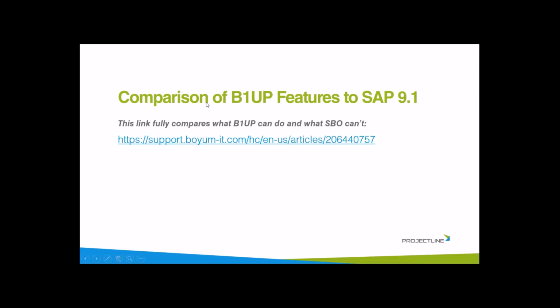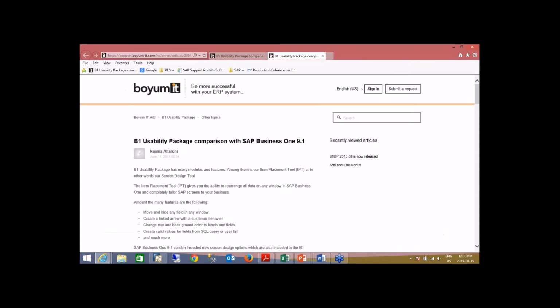So this is actually a really cool link that describes some of the SAP Business One features versus B1UP. As you all know, in the latest version, SAP 9.1, they've gone leaps and bounds and added more functionality into SAP Business One. But the B1 Usability Package still has a lot more features in terms of configuration.